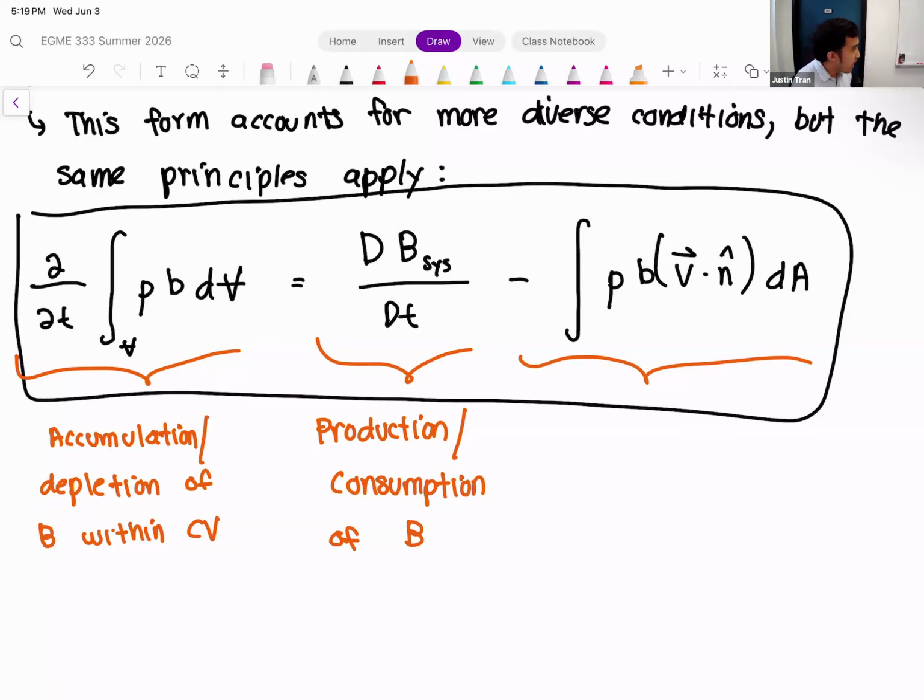All right, and then finally we have this last term here. This last integral here, this accounts for the inflows and outflows. And so this has a more generic name. This is typically known as a flux integral.